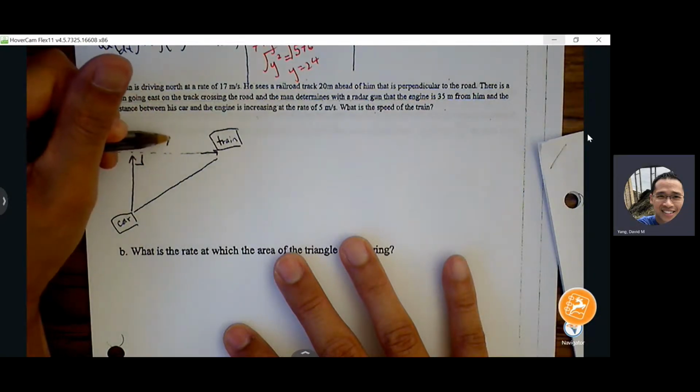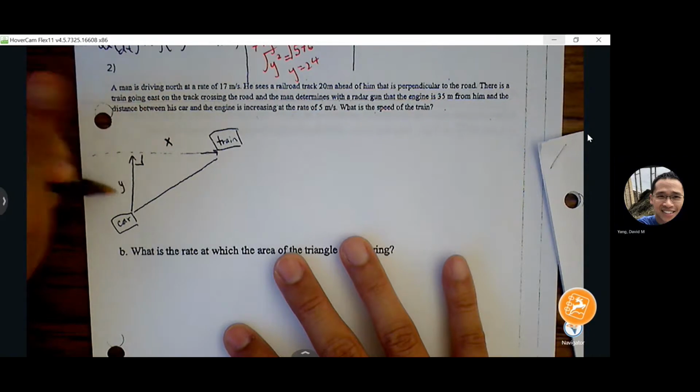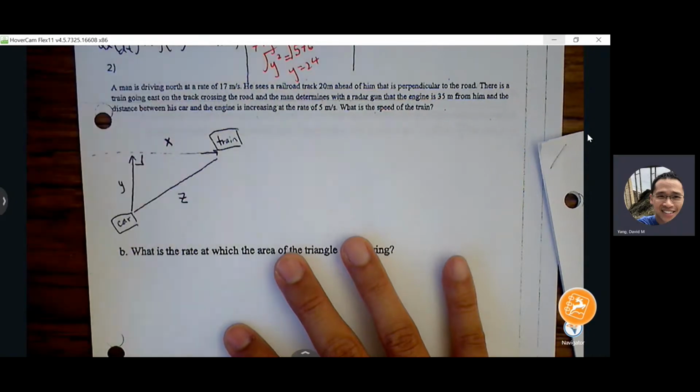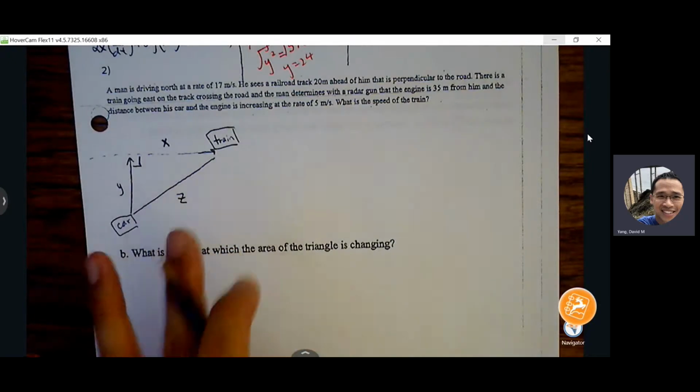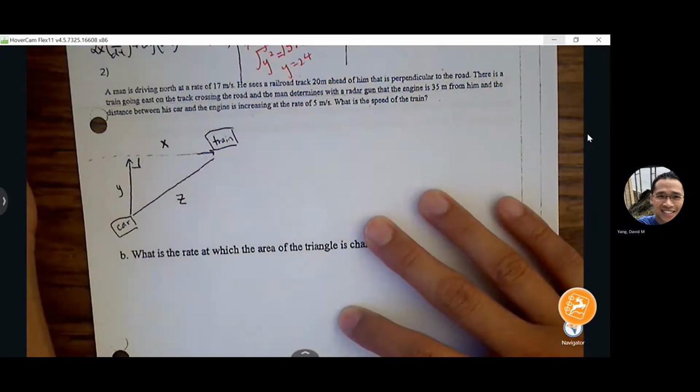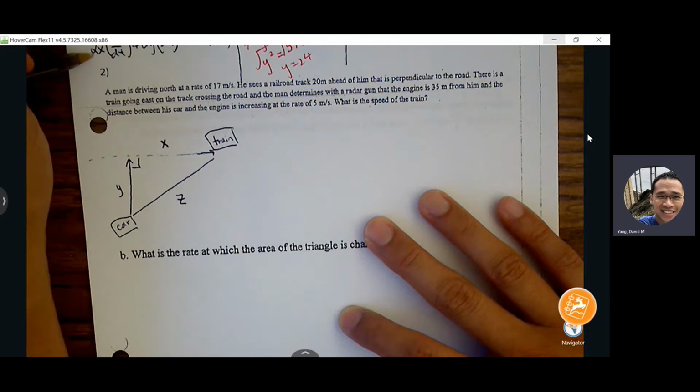I just like to have my horizontal being x, y, and z, but that's just my preference. Okay. Again, it's Pythagorean theorem. We can create our equation and our derivative.